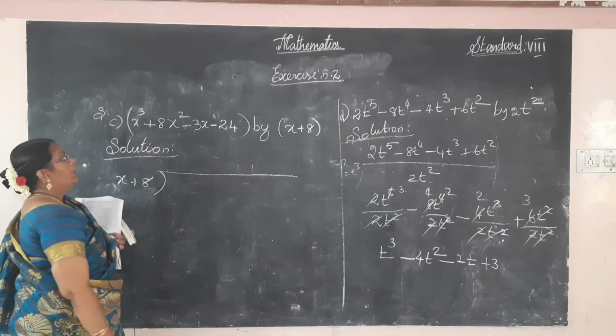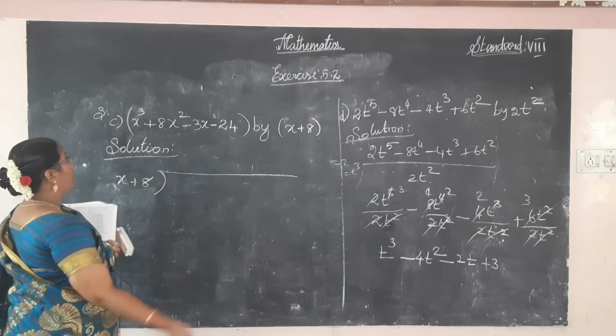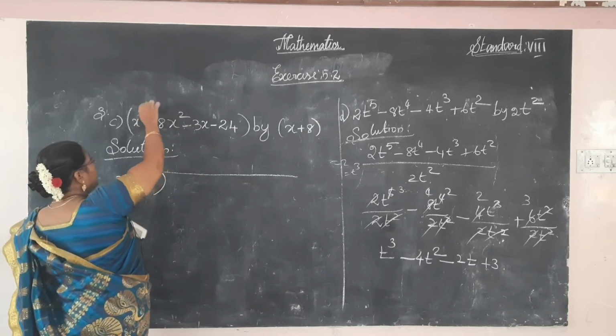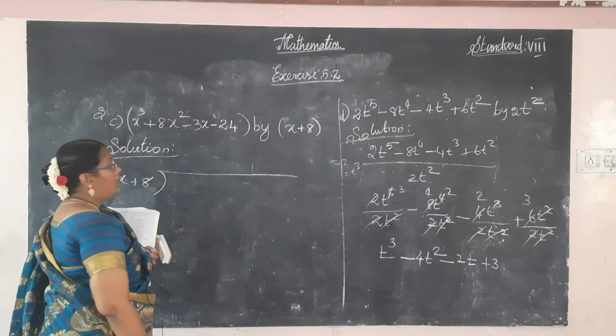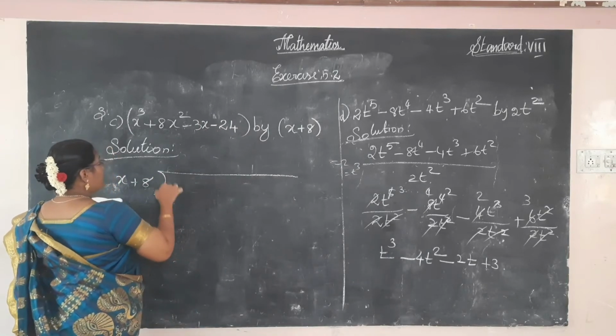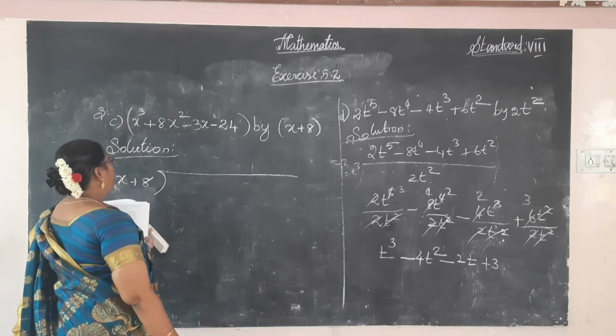Check the given algebraic expression in descending order or ascending order. See x power 3, x power 2, x power 1, the constant term. So the given expression is in descending order of the power of the variable.